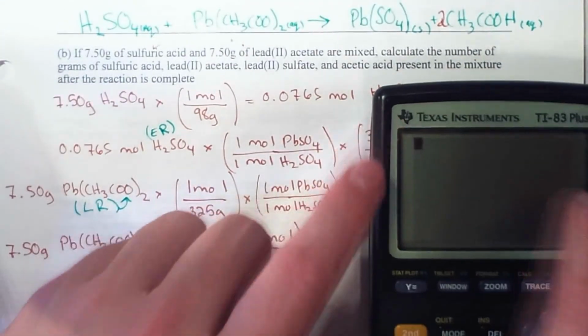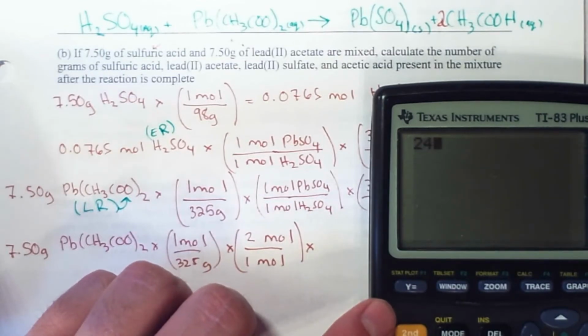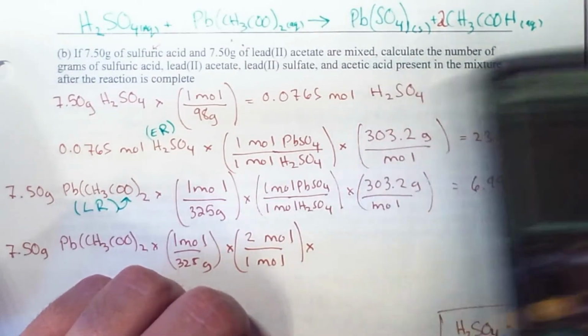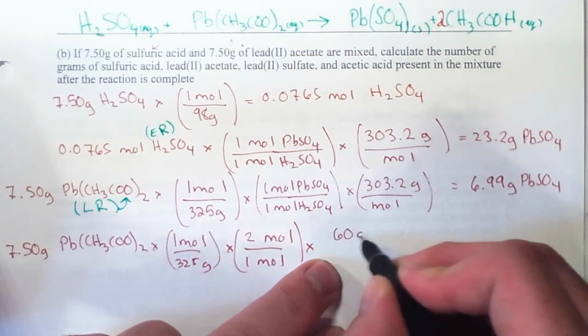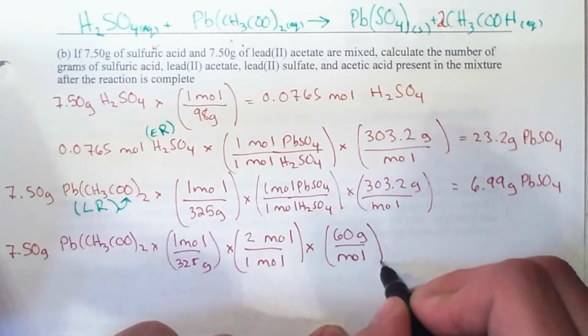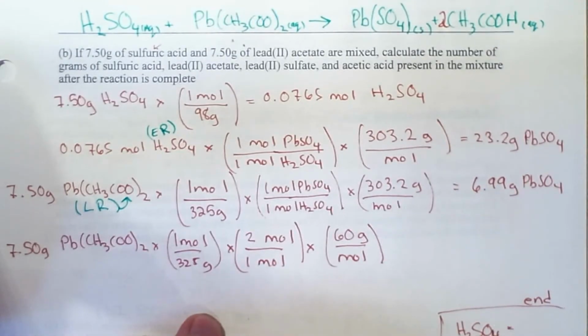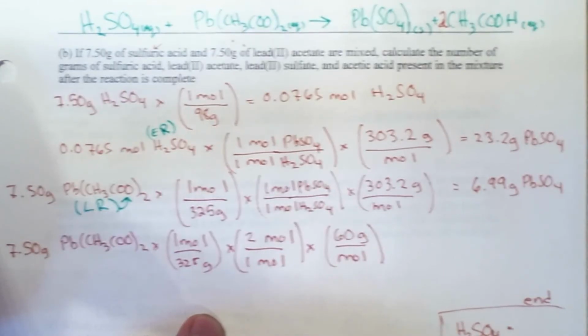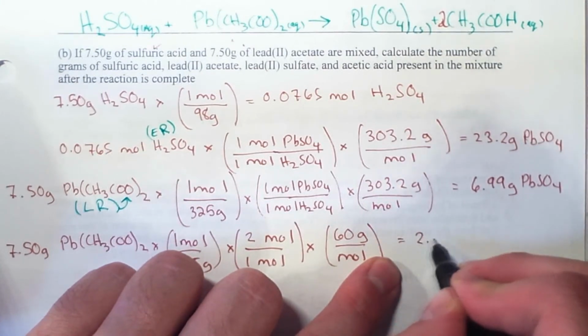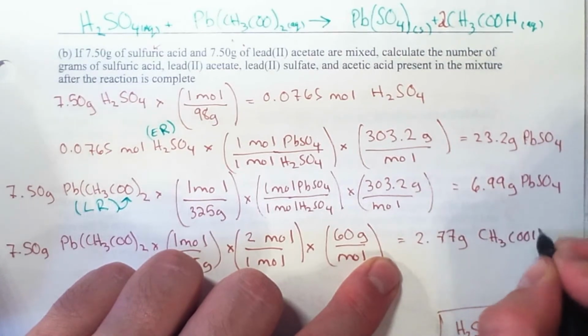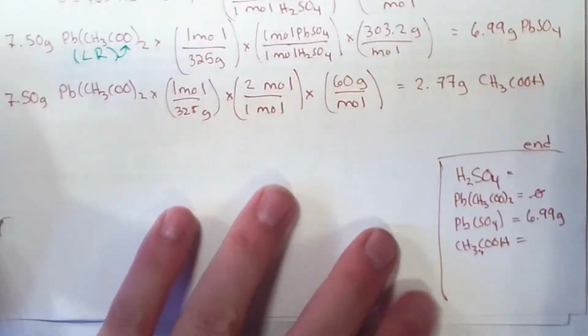So I have 2 carbons, 4 hydrogens, and 2 oxygens. So 7.5 divided by 325 times 2 times 60 equals 2.77 grams of acetic acid. So I'm going to go add that to my little checklist I got going on here.